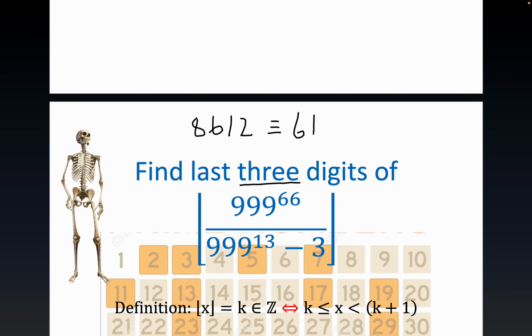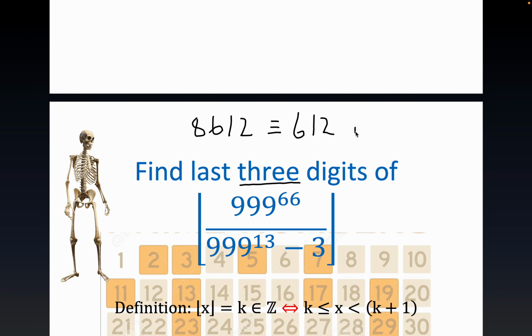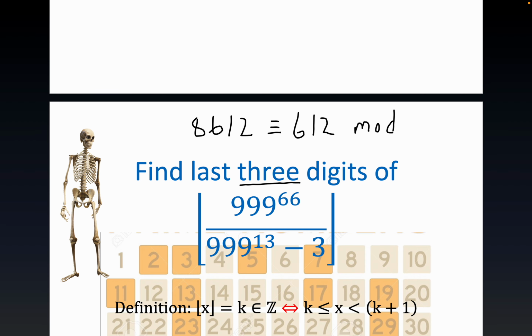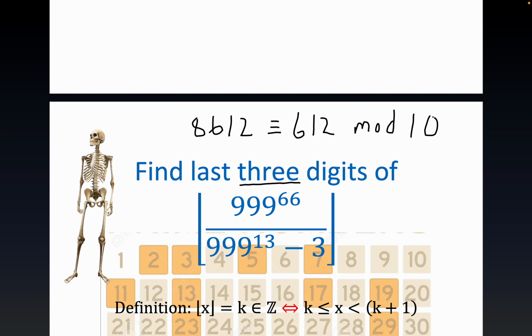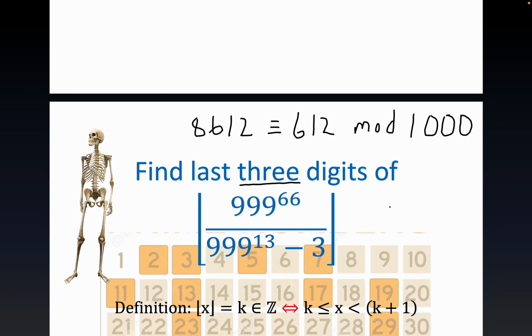Moduli, I guess, plural. That would be mod 1000. So in modular arithmetic, mod 1000 is always going to reduce to the last 3 digits of the number. Okay.